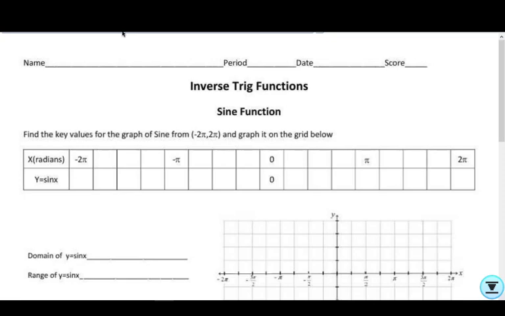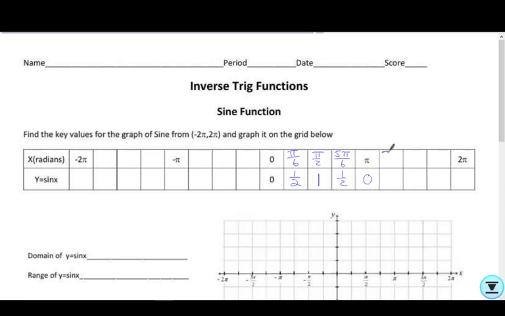So for instance, I'm not going to use pi over 3 for sine because it's square root of 3 over 2, or pi over 4, which is root 2 over 2. But I can use very easily pi over 6 because its sine is 1/2. I can use pi over 2 because sine is 1. I can use 5 pi over 6, which is 1/2, and then pi, 0.